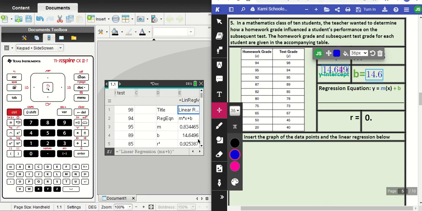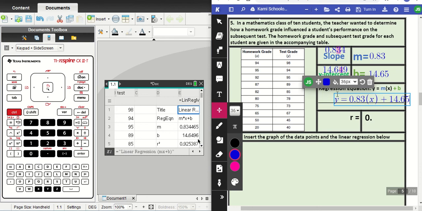So that 9 says we're going to make that 4 a 5. So that's my B. And now, the fun thing about using the TI Inspire graphing calculator is I already have my regression equation. Y equals our slope, 0.83, times x plus 14.65.